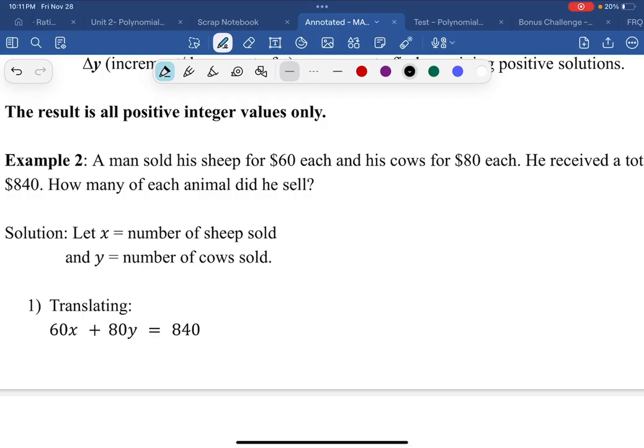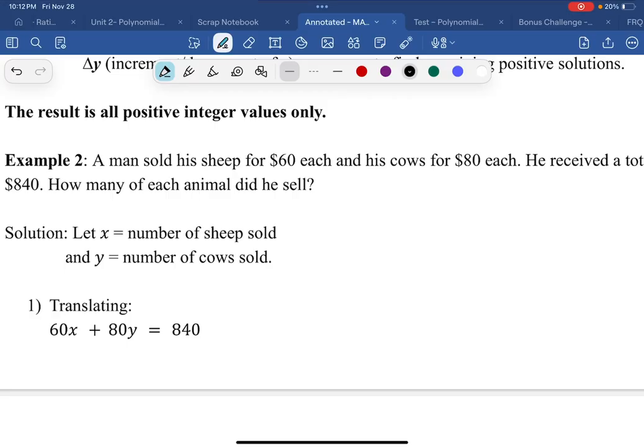If I think about it, you're just using, again, not common sense, but number sense. I would be thinking, well, if I'm going to get $800, I'm not looking at anything more than 10 or 11 cows if I were only selling cows, because 80 times 10 would be 800, and 80 times 11 would be 880. So 10 to 11 cows at max.